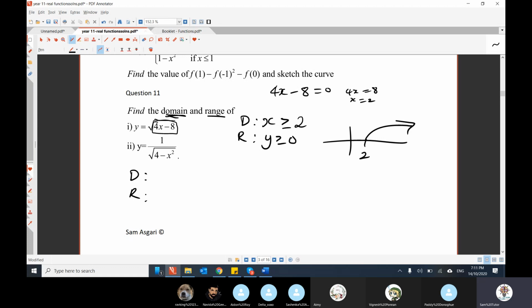All right, let's start with Nav. Domain. I couldn't determine. I've kind of forgotten how to. Sam. But again, think about the square root. Inside your square root, can it ever be a negative?